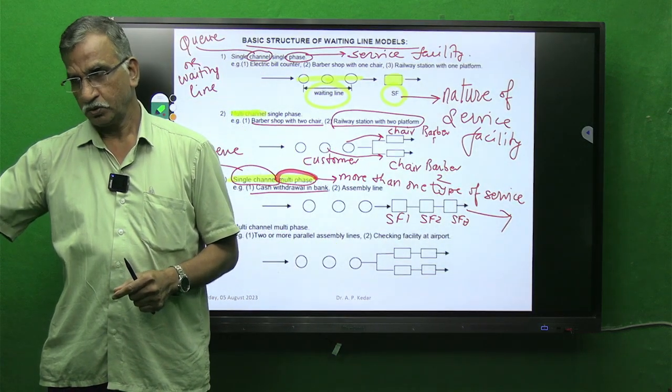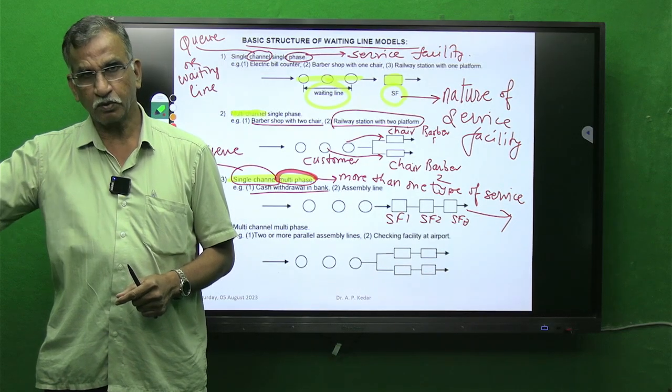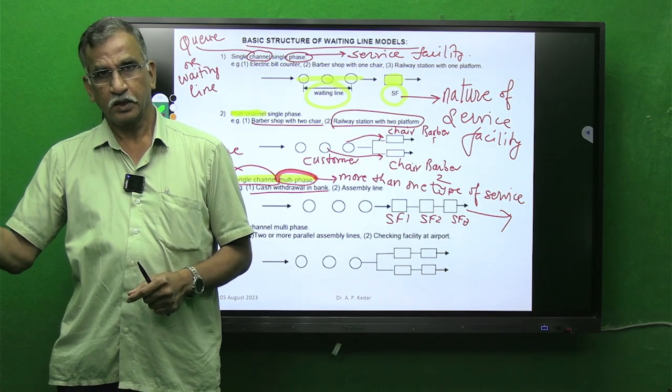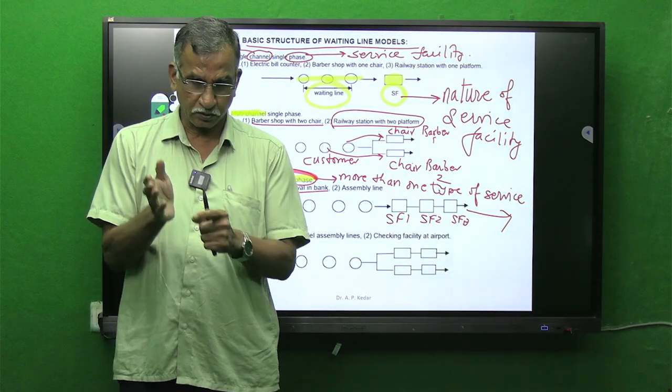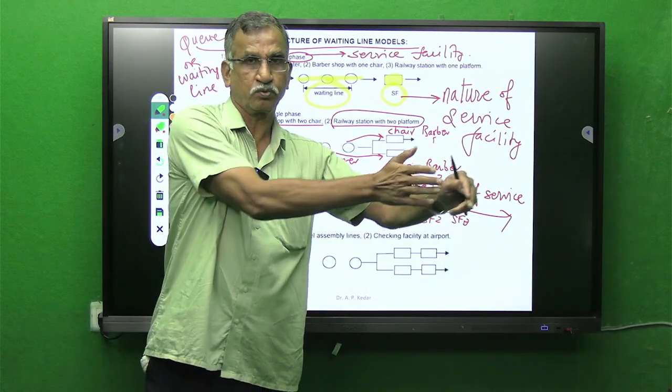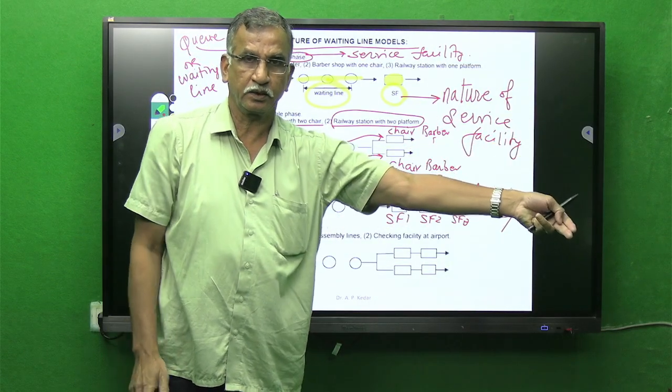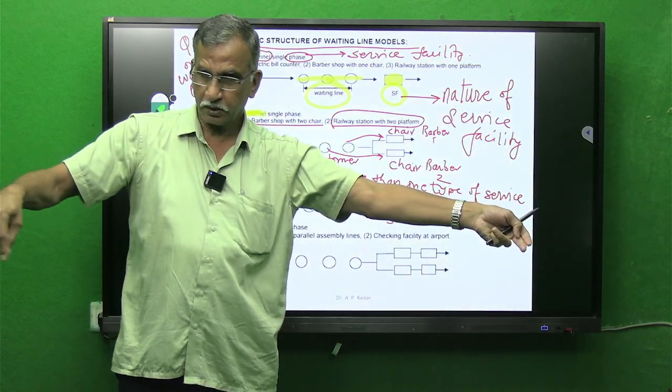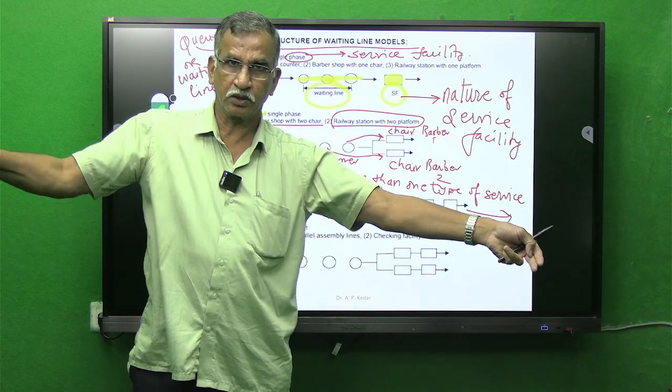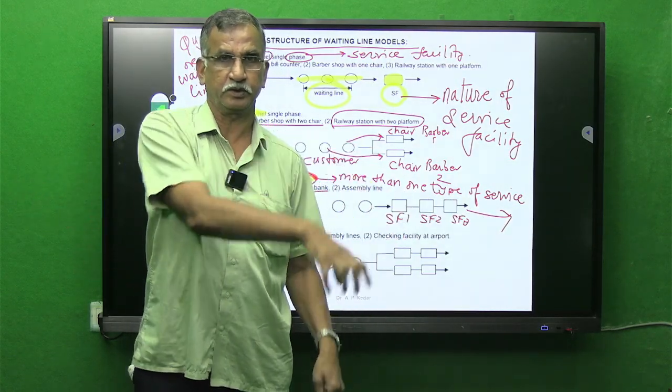So the chassis which is mounted on the first station is processed at different service facilities 1, 2, 3, 4, like that, and taken away. So single channel, single queue, but multi facility.